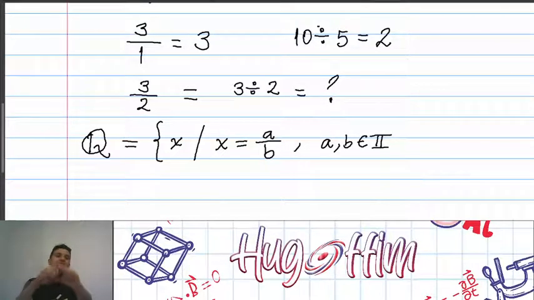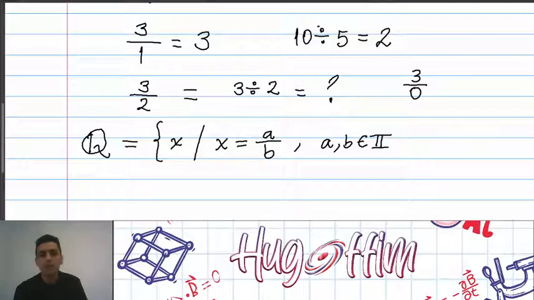So if we can express any number as the ratio, that's why it's called rationals, or the division of two integers, we can say that we have a rational number. There is only one little problem. It's that the division by 0 is not properly defined. So as it's not properly defined, we need to say that b, our denominator, should be different than 0.